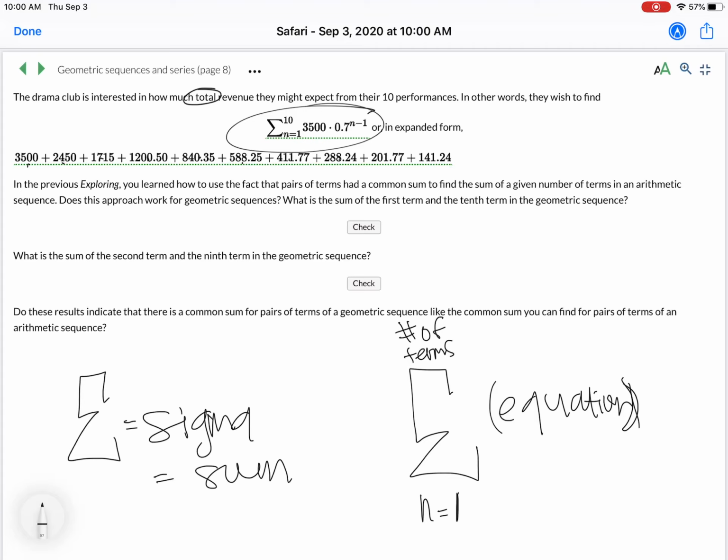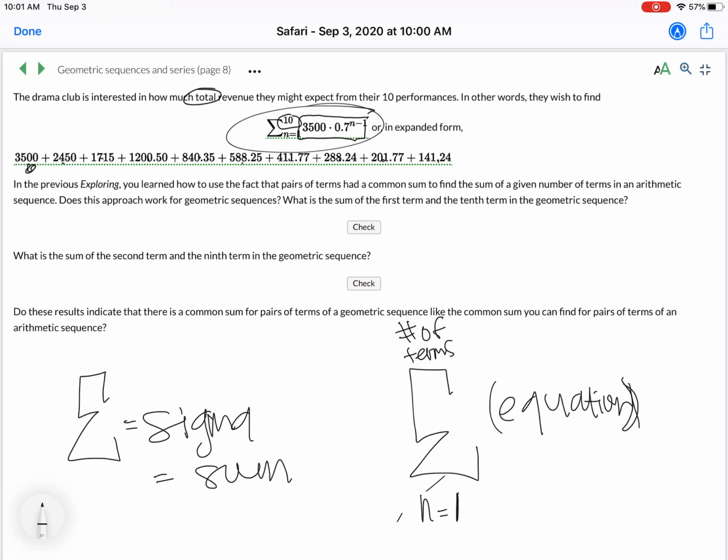So we have 1, 2, 3, 4, 5, 6, 7, 8, 9, 10, which is where the 10 comes from. This is the first term. Here is our equation. Okay, it is in exponential form because we are looking at geometric sequences. And remember, geometric and exponential go together like peanut butter and jelly.